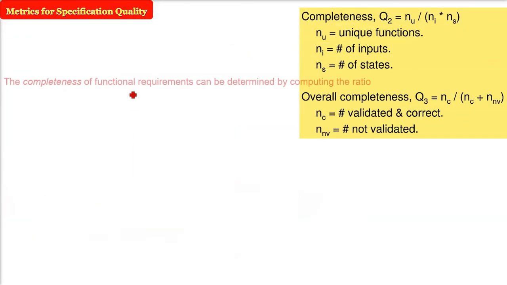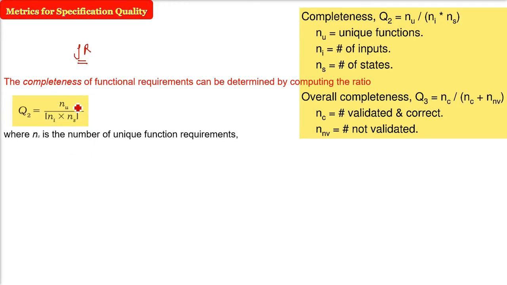For example, you need to compute the completeness of functional requirements. There are functional requirements and non-functional requirements. So we have functional requirements and we need to know the completeness. For that we have this metric, NU by NI into NS. NU is the number of unique functional requirements. All the functional requirements, no duplication, unique functional requirements should be there. It should not match with others.